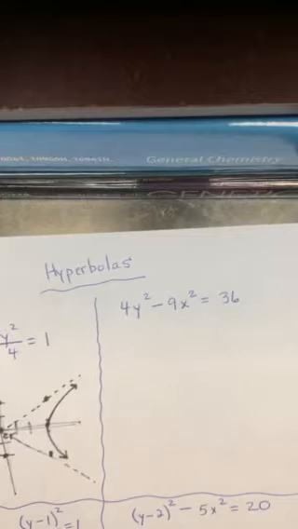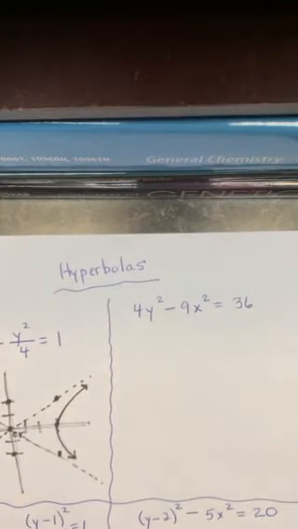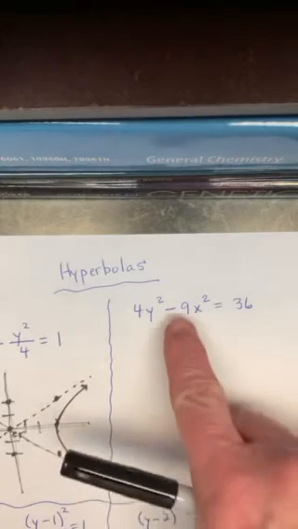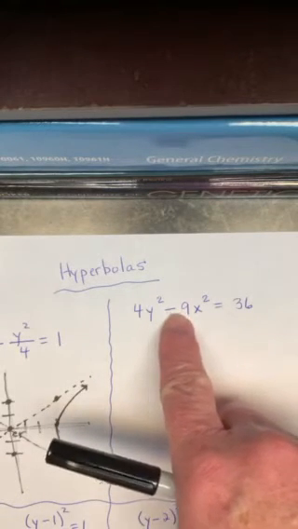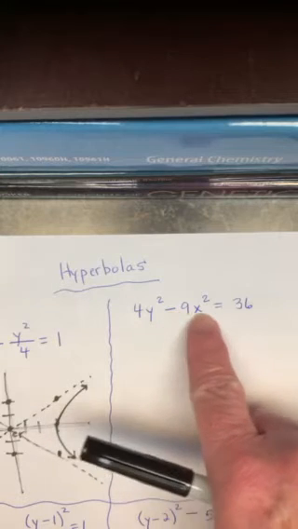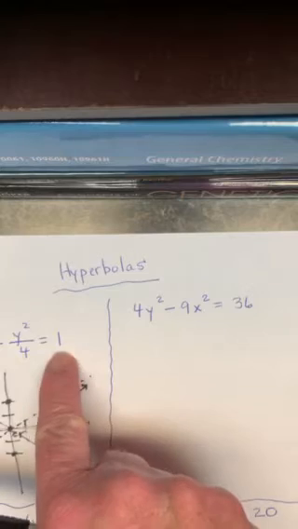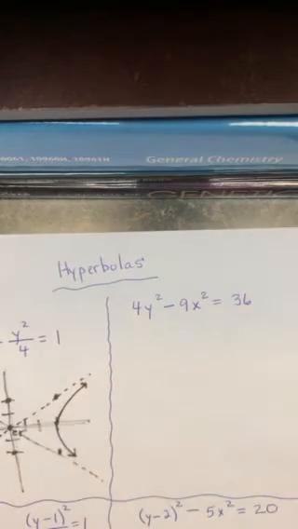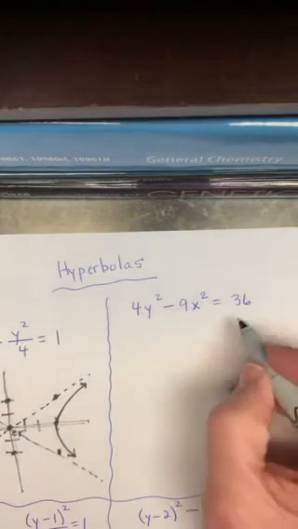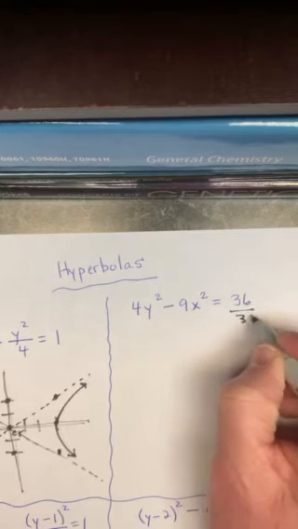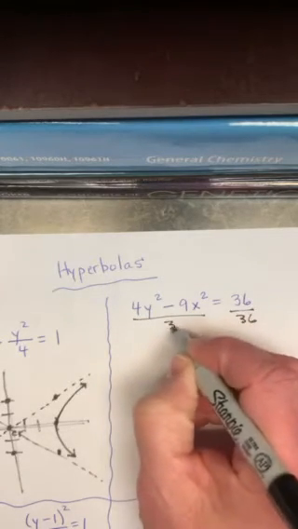Go to block 2. Notice it says 4y squared minus 9x squared equals 36. The first thing I notice is the minus sign telling me, oh, that's a hyperbola. However, it's not equal to 1, which we've already said all hyperbolas need to be when they're in standard form. So it's pretty obvious here we're going to divide by 36 on both sides.